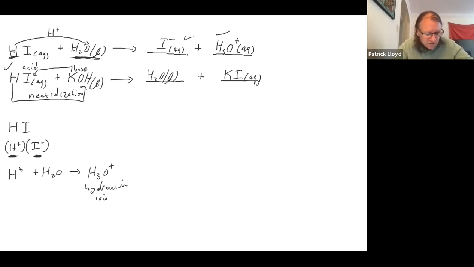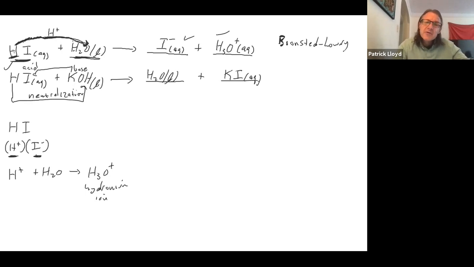Okay, so this is showing us what we called yesterday the Bronsted-Lowry idea. The Bronsted-Lowry is this idea that you consider an acid as being a substance which transfers H plus to another reactant. So this is what's called a Bronsted-Lowry acid.